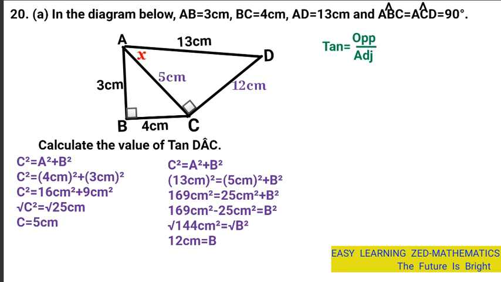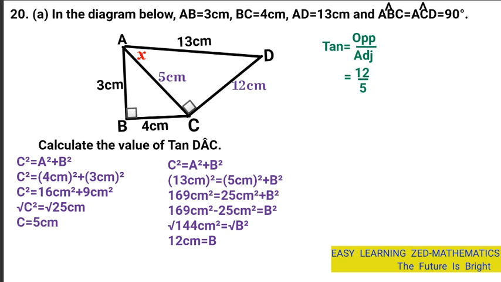So we're going to write equal to 12 centimeter. We are going to forget about units. Then 12 divided by 5. That is also the tangent of angle X, but you can also go further and simplify this.